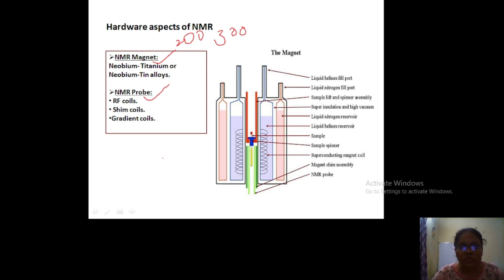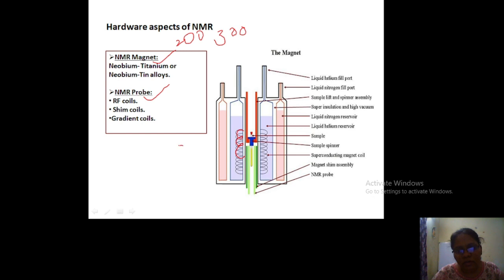That magnet is nothing but a coil, and this coil is placed in a reservoir of liquid helium. Basically, these coils are made up of niobium titanium or niobium tin alloys.